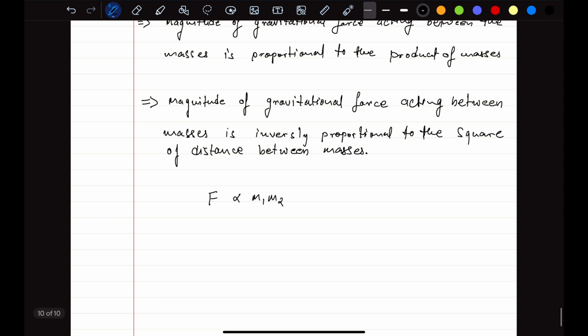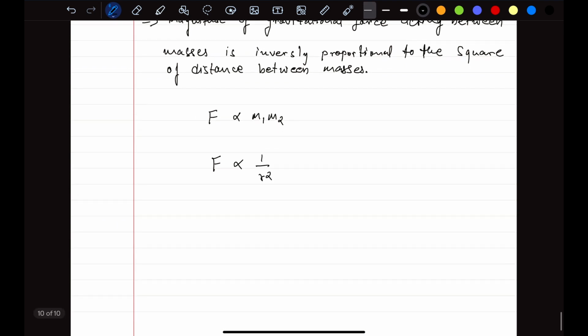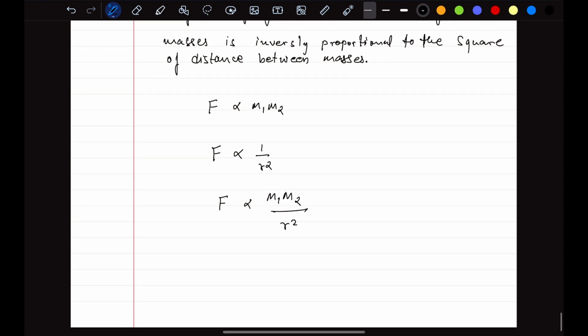Second, F is inversely proportional to the square of the distance between them, so 1 by r square. If we combine those two statements, we can say that force is proportional to m1 m2 divided by r square. If we remove this proportional sign, we can replace it with a proportionality constant, which we denote by capital G. So then F is G m1 m2 divided by r square.